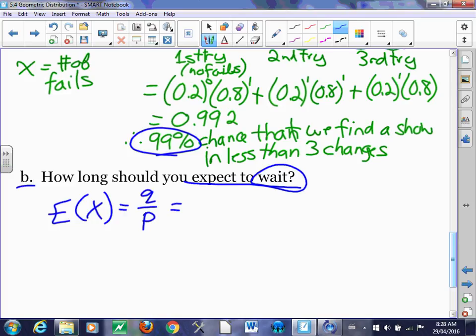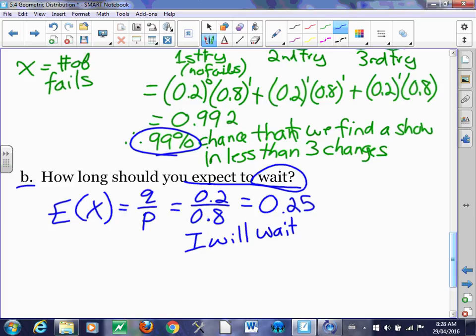So the Q is 0.2 over the P, which is 0.8, and that's your formula that will be given to you. Plug it in and you get 0.25. Now this is a tricky one. That means I will wait 0.25 changes.